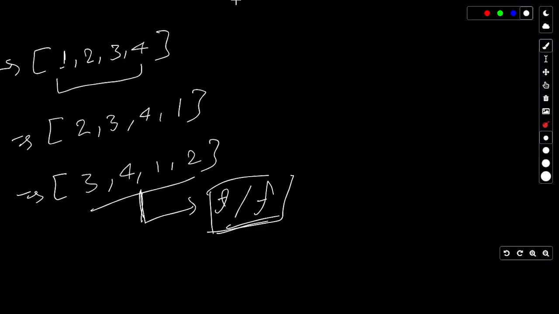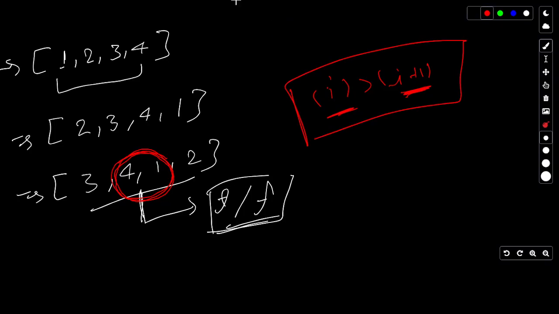One thing to notice is a pivot point, where the array will eventually have this kind of state where the ith number will be greater than the i plus 1 number, at a position at this number and a position at this number, they will have this kind of relation.